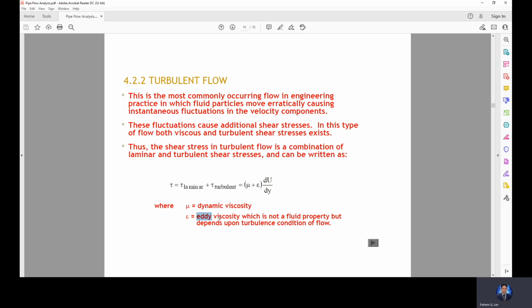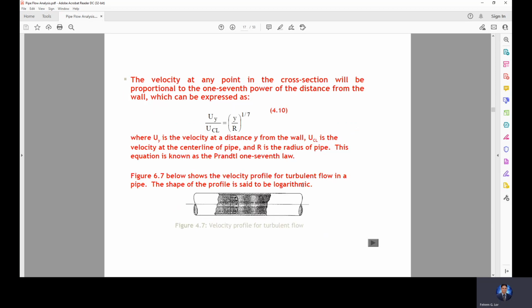There are other factors, so the equations change. The velocity at any point in the cross section will be proportional to the 1/7 power of the distance from the wall.